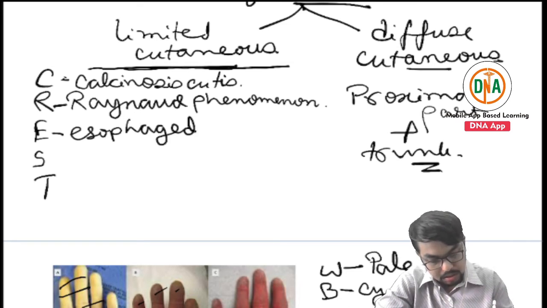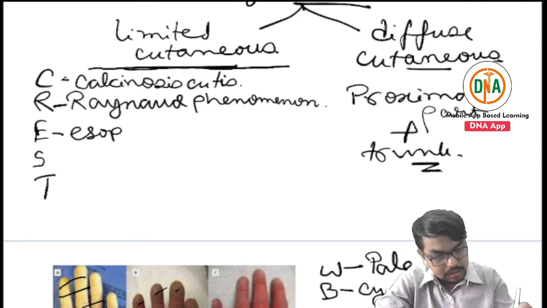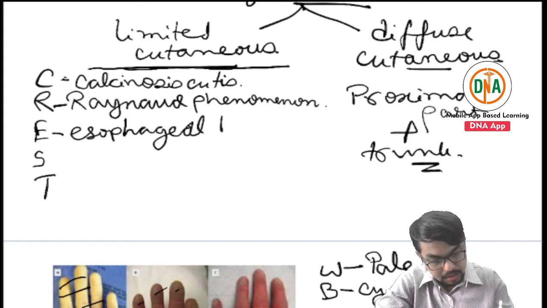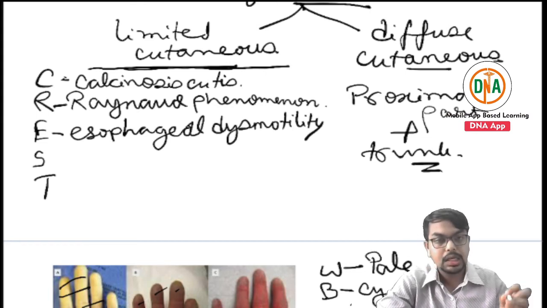We have told that systemic sclerosis is a systemic disease, so there will be involvement of other systems along with skin involvement.